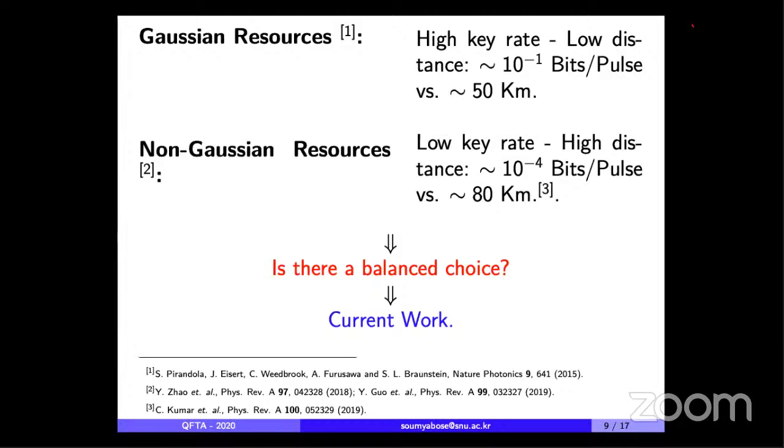That much we know: Gaussian resources are good for increasing key rate, and non-Gaussian resources are good for increasing the distance. Then the question came to our mind, can we look for a sort of middle ground, like increasing the distance without compromising much on the key rate? And luckily we got some answer to that, and that answer is what I'm going to present in this work.